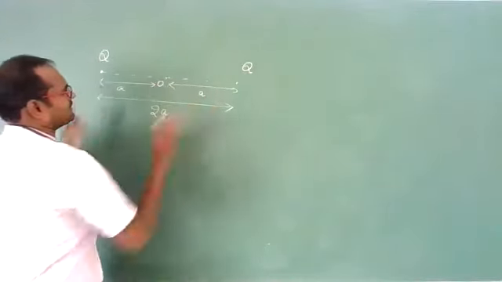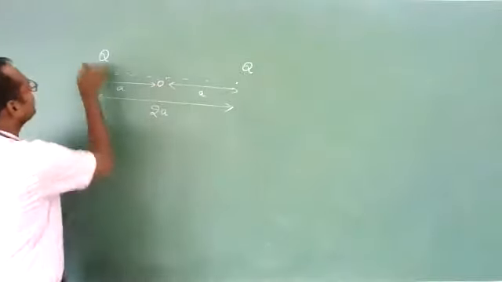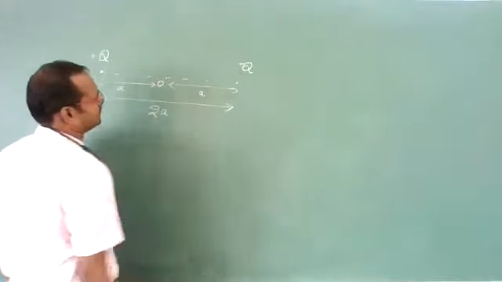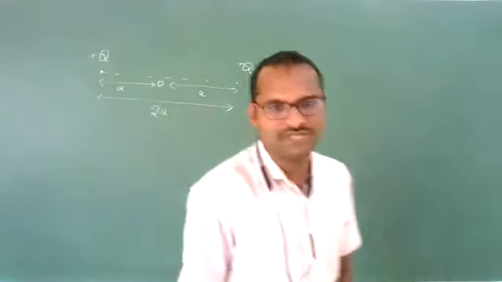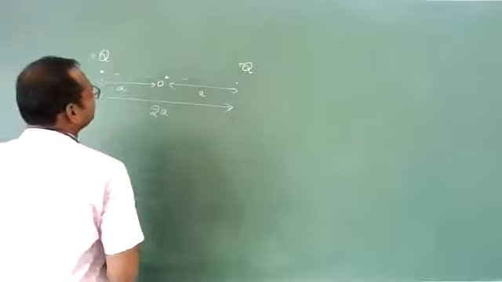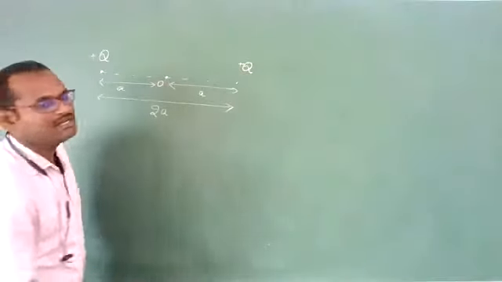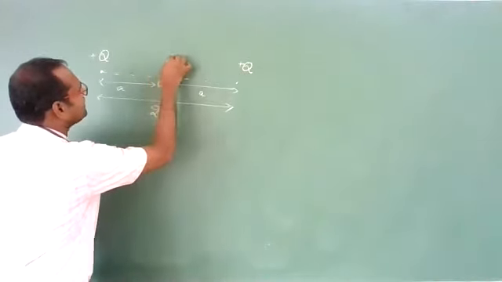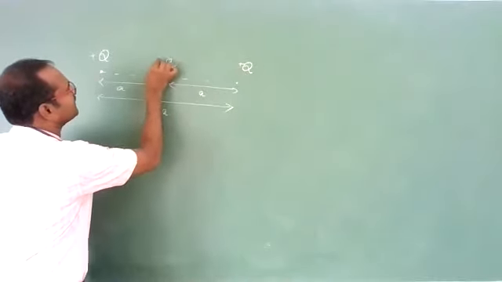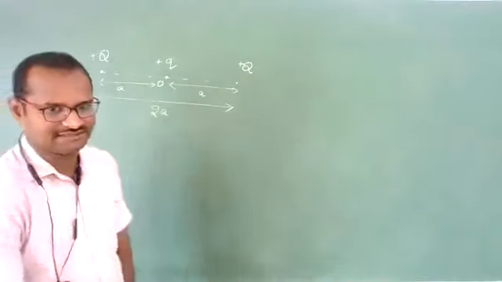The total distance is 2a. This is a positive charge, and this is also a positive charge. Clear, students? Now, at the center of the line joining these two charges, let us suppose a positive charge is placed like this.